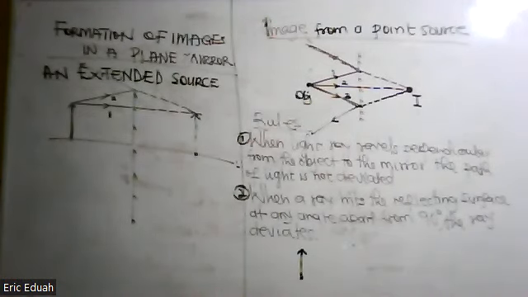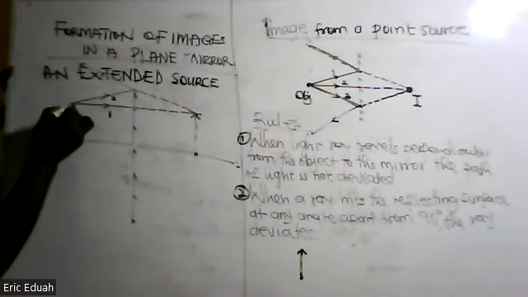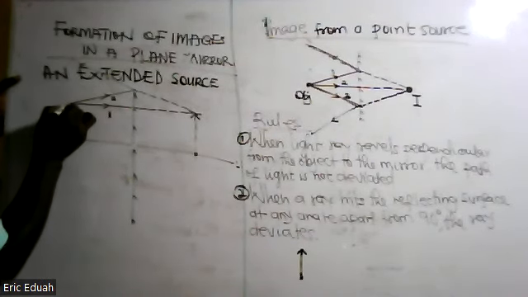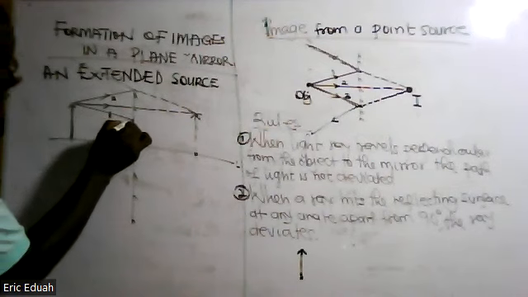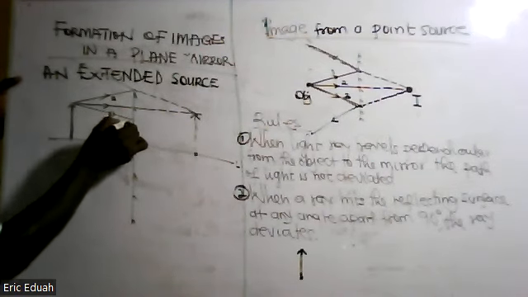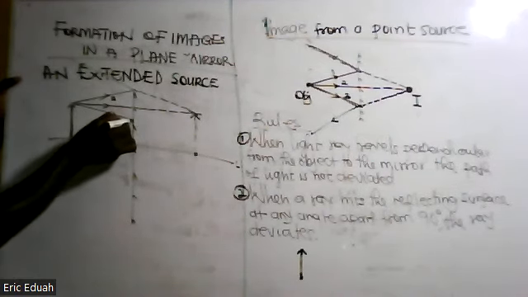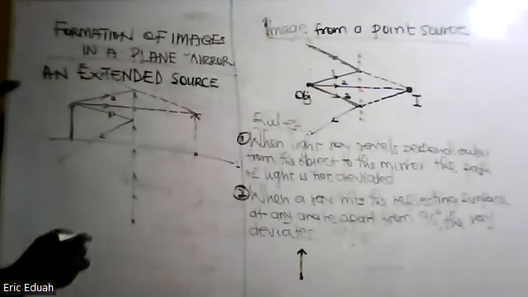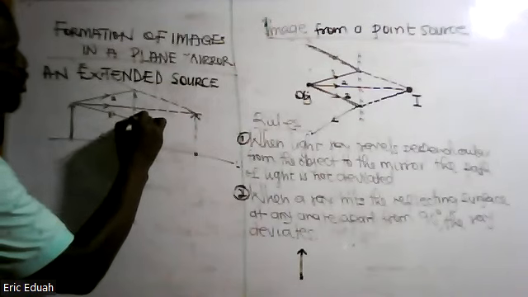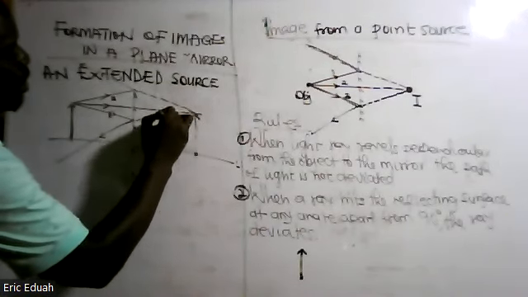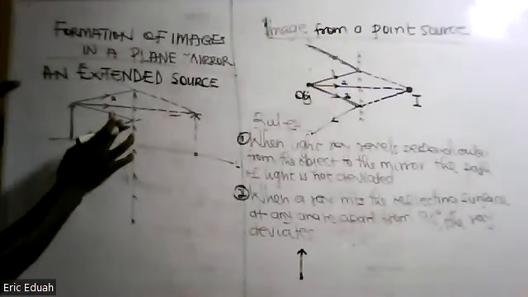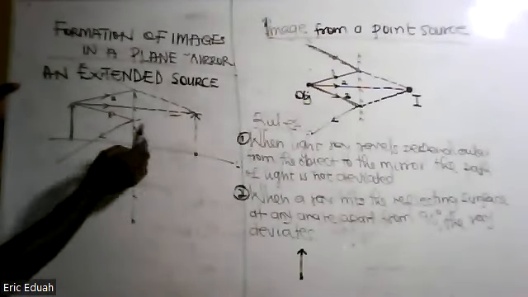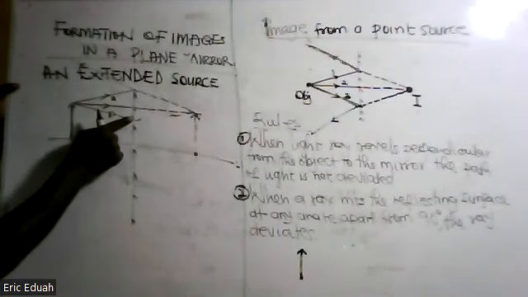But I can equally apply another rule, or another ray. A ray coming from the object, hitting the mirror at an angle, would reflect at the same angle and will obey the second law. Now, if I extend this, where it also meets, you see, it's bending or deviating because I'm using free hand.